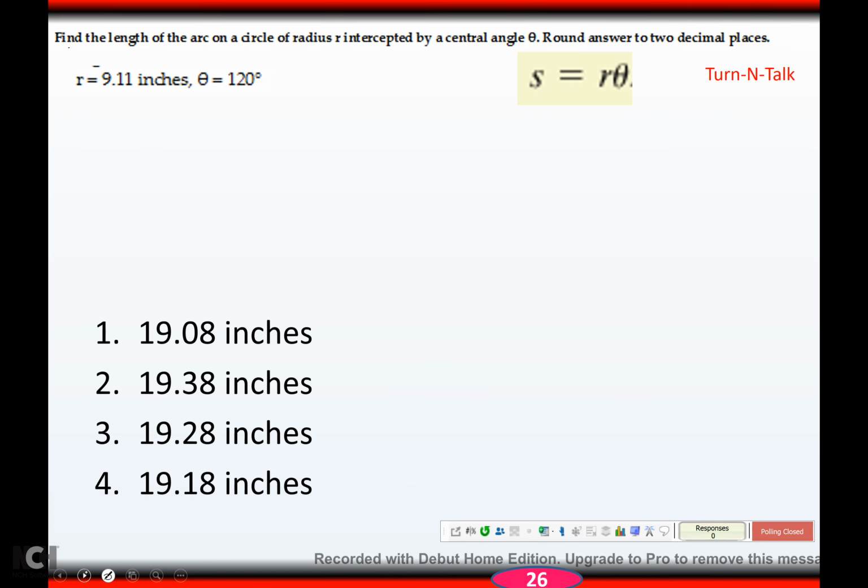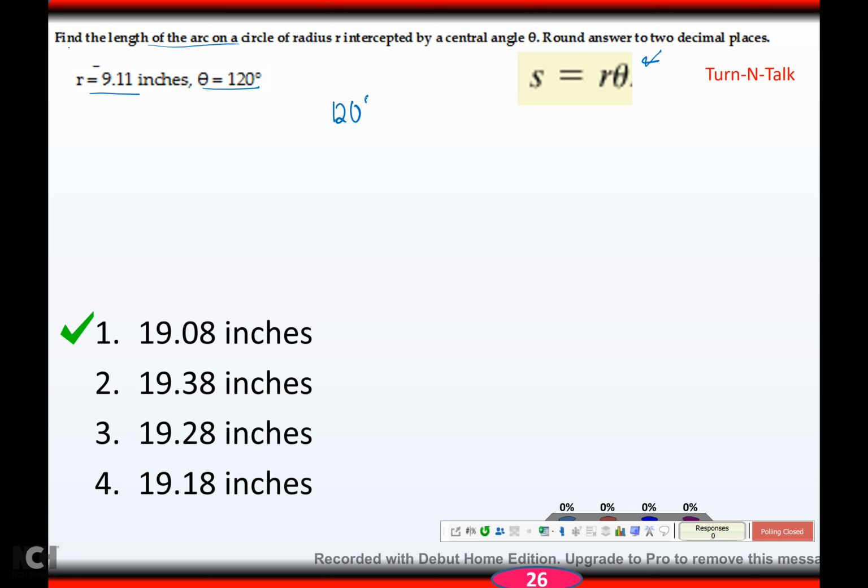Okay, you try this one, hit pause, come back when you're ready, and hopefully you got 19.8. Alright, so they want the length of the arc on a circle. They gave us the radius, they gave me theta in degrees, and for this formula to work it has to be in radians.